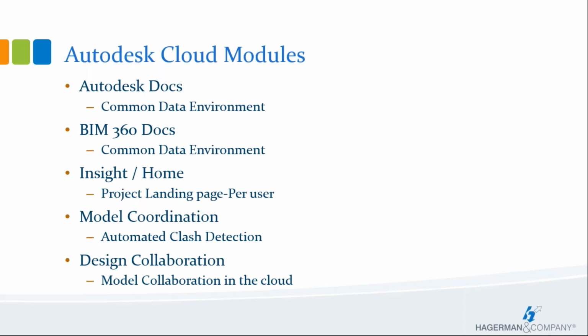For this presentation, I'll use a project that was set up in BIM 360 Docs as the common data environment. I chose for this presentation to stay with BIM 360 Docs because most of our customers currently have their projects on BIM 360 still. However, I'll give you a peek at the similarities and differences between BIM 360 Docs and Autodesk Docs before we get started.